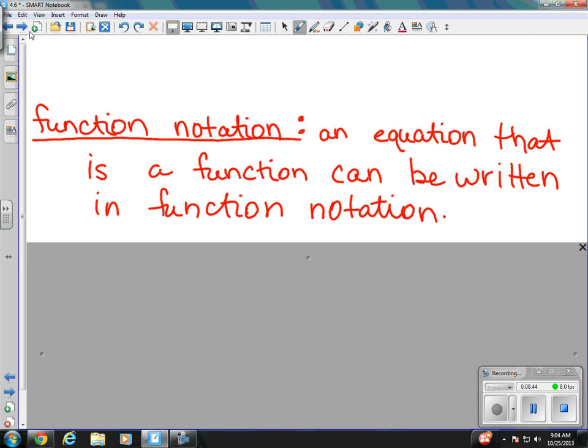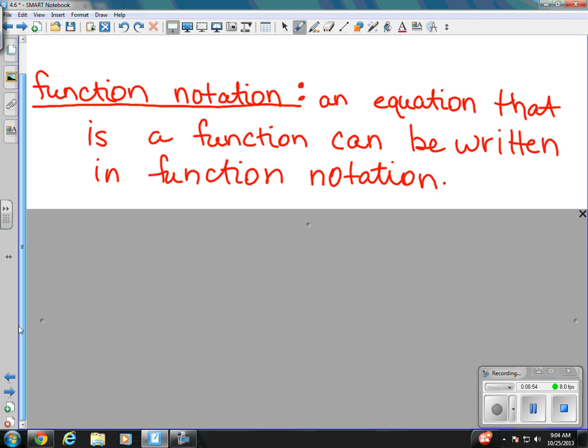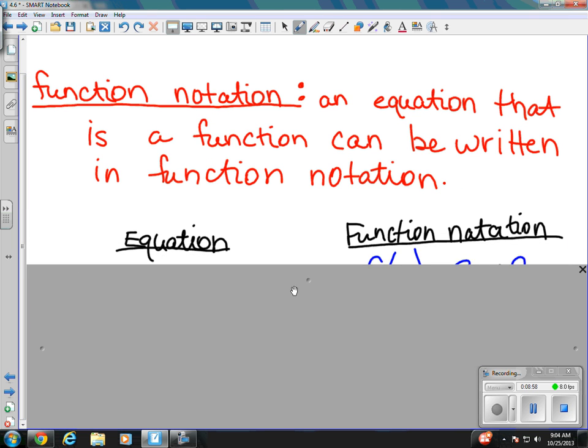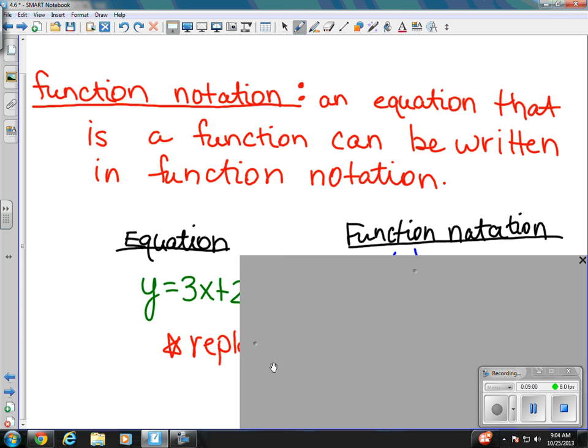Alright, now we're going to look at what we call function notation. Function notation is an equation that is a function and can be written in function notation. So our regular equation looks like this right here: y equals 3x plus 2.